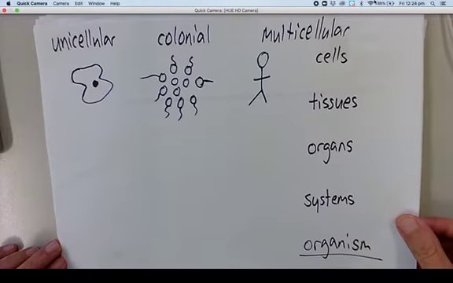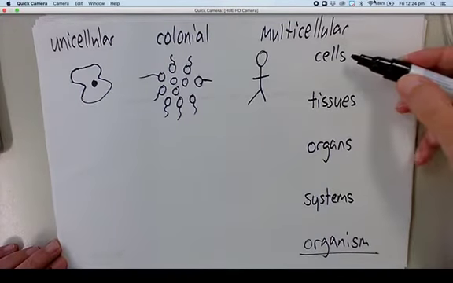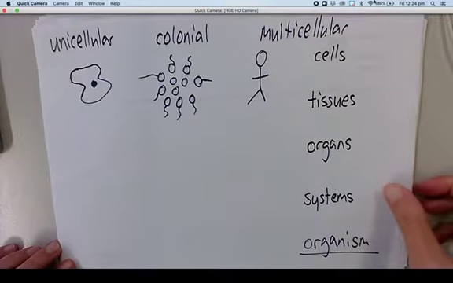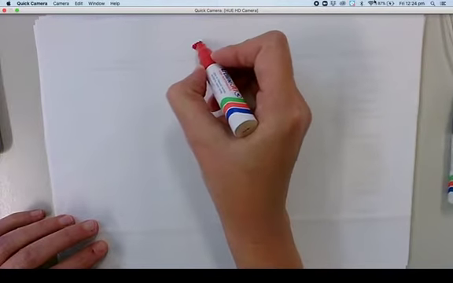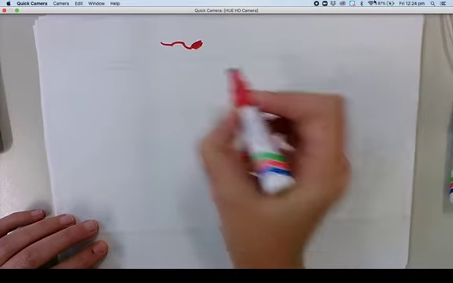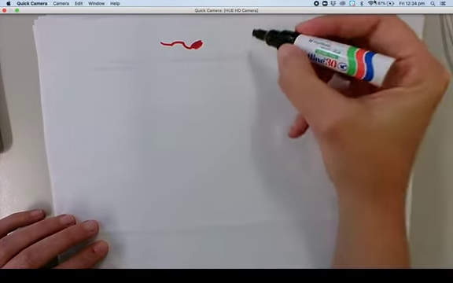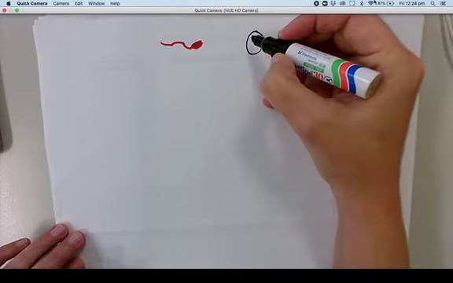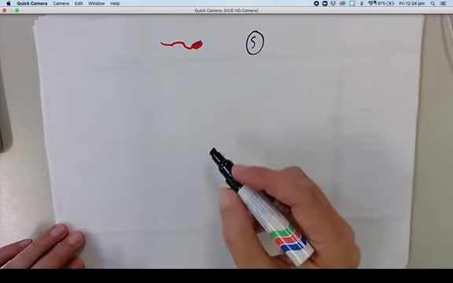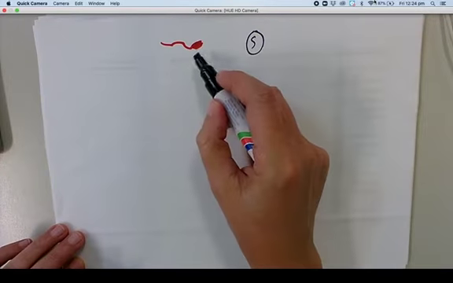And the question is, how does a cell become a whole organism? Okay? So we know that every multicellular sexually reproducing organism is going to start with something like this, where we've got gametes, the sperm and the egg.